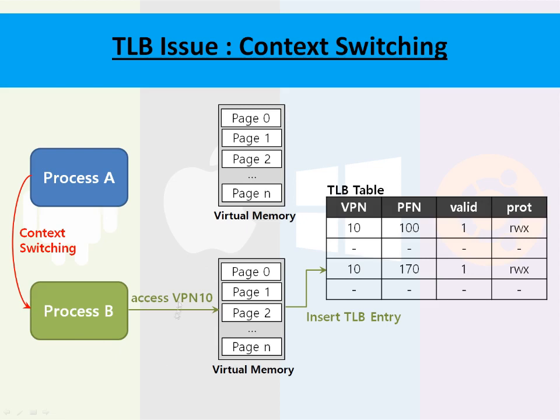There's not one page table for every page; there's a page table per process, and the indexing would be exactly the same. So process B is going to access VPN 10, which is a completely different page to the VPN 10 that process A accessed. It's going to come into the TLB and be translated to another page frame number, which is correct. This 10 does point to another page frame number, but this raises a slight problem.